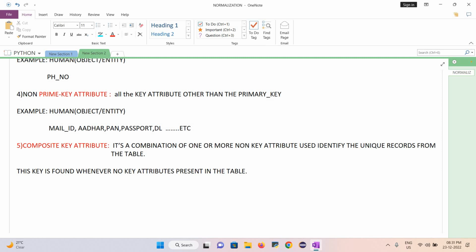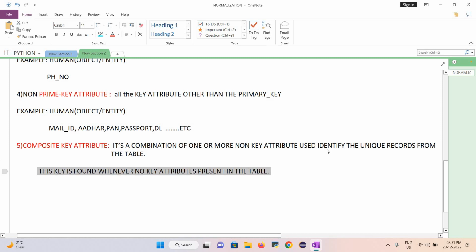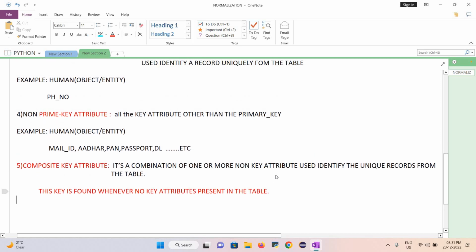So now we can easily identify this composite key attribute. This is the main important point, you should remember this. We can easily identify it when there are no key attributes present.